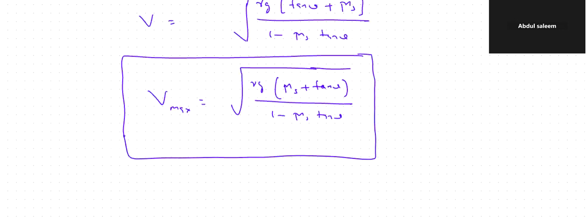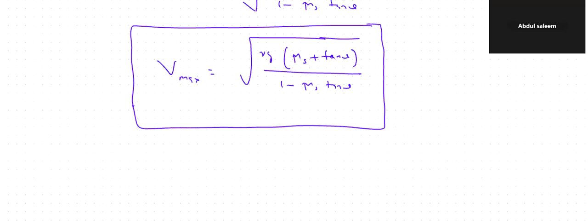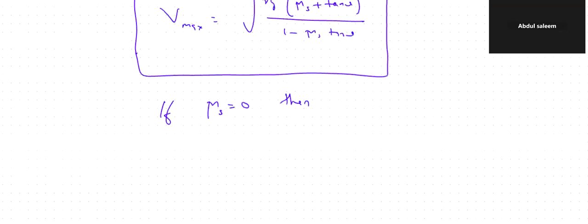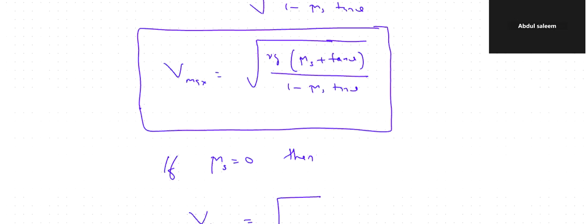If the static friction coefficient mu s equal to 0, then the optimal velocity v max becomes root of r g into 0 plus tan theta, which is tan theta only.